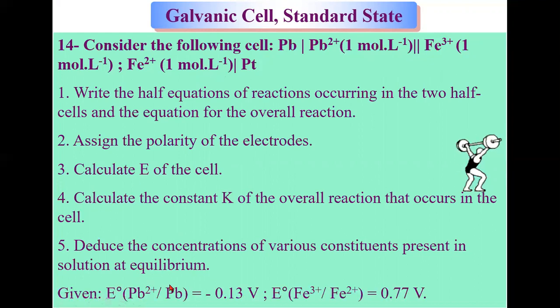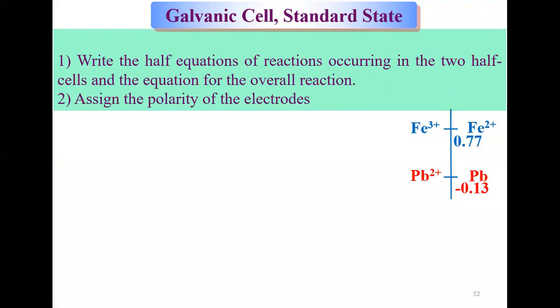And they gave us the E naughts. How lovely, how easy. They gave us the E naughts for both couples. Okay, so we're under standard state automatically. What can I do? Of course, to have the reaction. So now, indeed, on an E naught scale, because everything is under standard conditions, we could easily find out which reaction will undergo oxidation and which will undergo reduction.